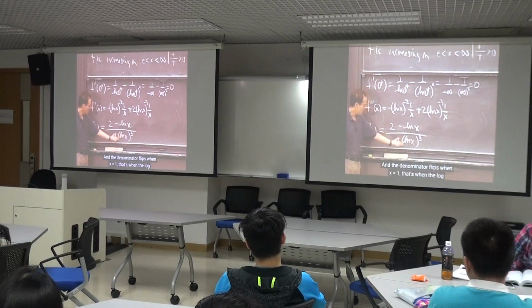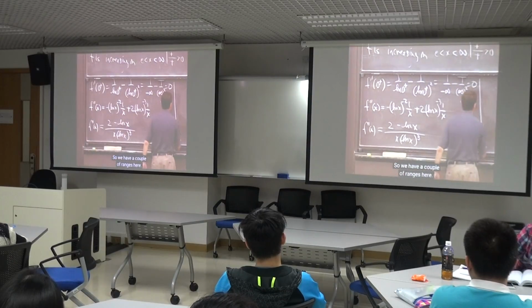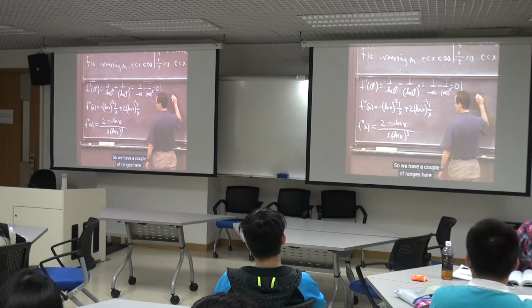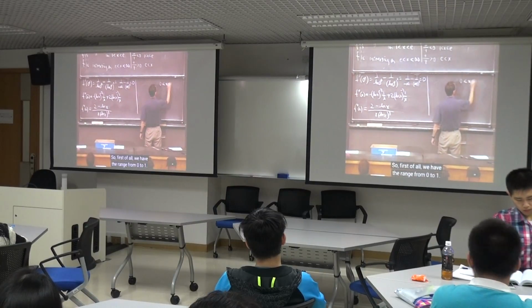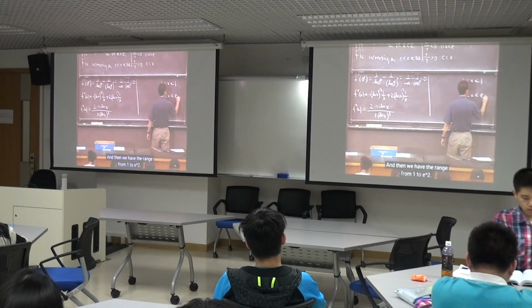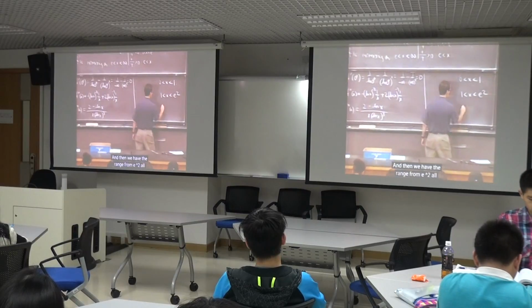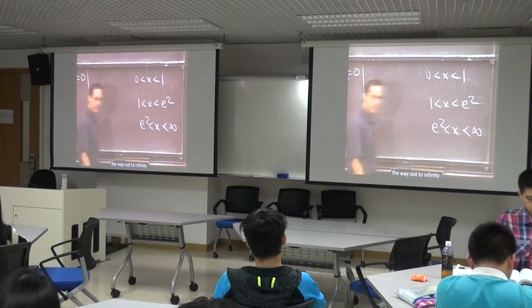That's when the log flips from positive to negative. Okay, so we have a couple of ranges here. First of all, we have the range from 0 to 1, and then we have the range from 1 to e squared, and then we have the range from e squared all the way up to infinity.